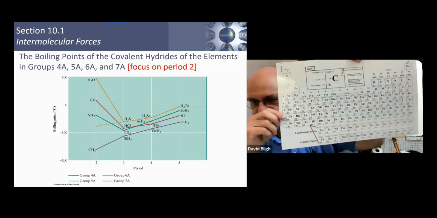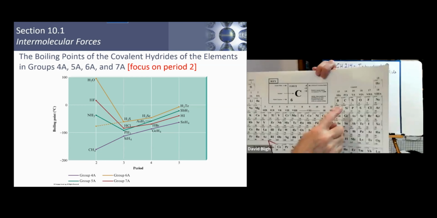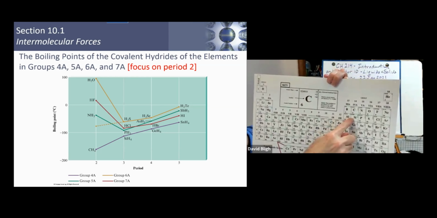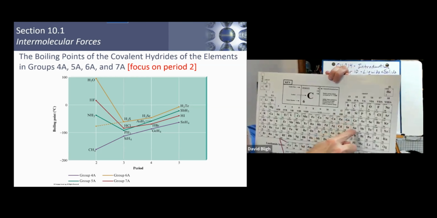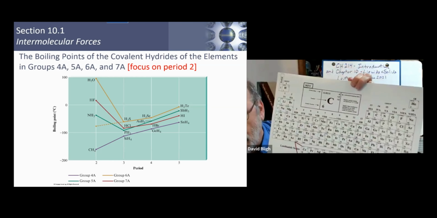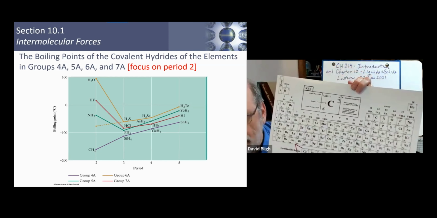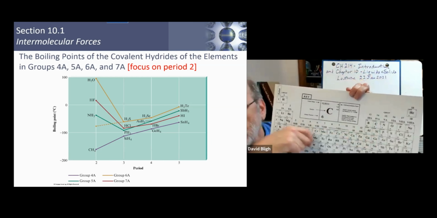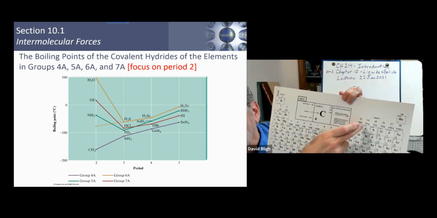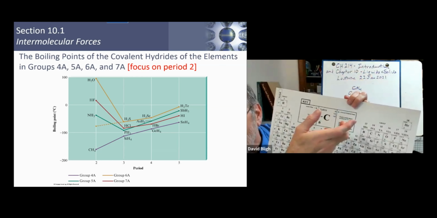So we've got, let's see, there it is. We've got carbon, and then we go down in that family to silicon. Then we go down to germanium, and we go down to tin. What we're seeing is the boiling point increases as we go down the series. Now, why is that? Well, this hydride, which is methane, is a gas.